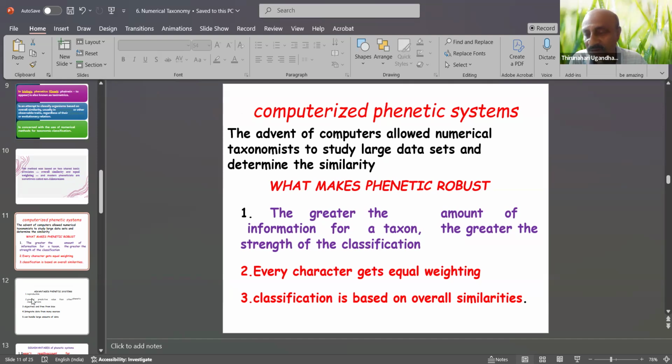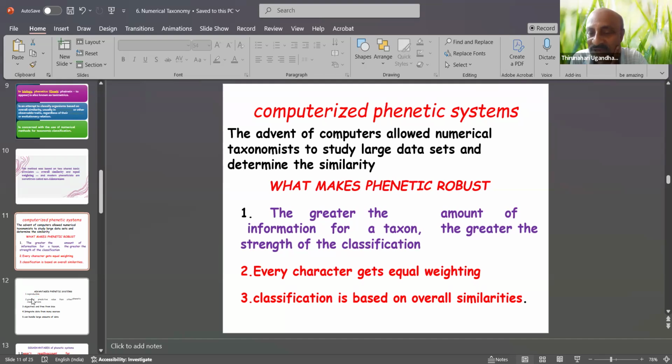Large data means large data on character features of flowers, with similarities based on the computerized phenetic system.